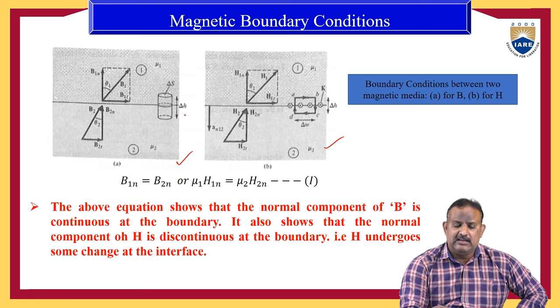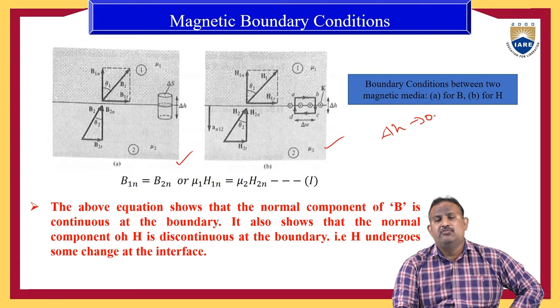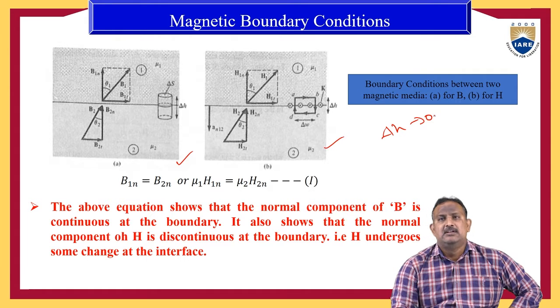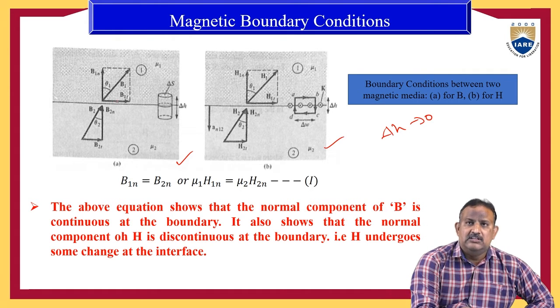When finding the boundary conditions, we assume delta H tends to 0. Here B1T is the tangential component and B1N is the normal component to the boundary, and the resultant gives B1.